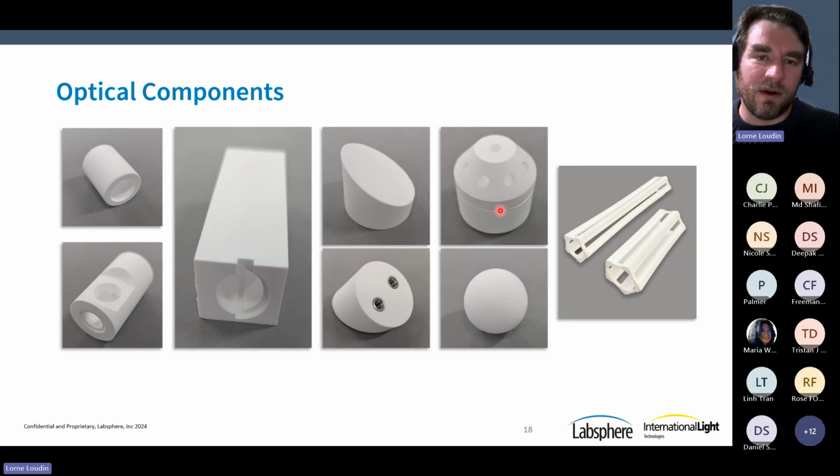Again, like housings with fiber optic ports and things like that. So basically for any application that may require diffuse light for either collection or reflectance, these materials can be manufactured in a way to enable the success of that optical system.